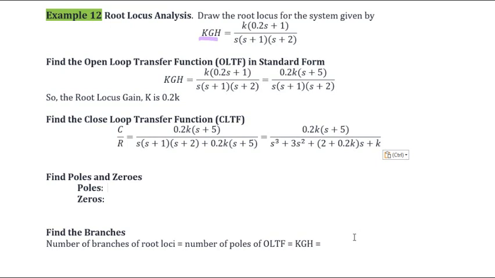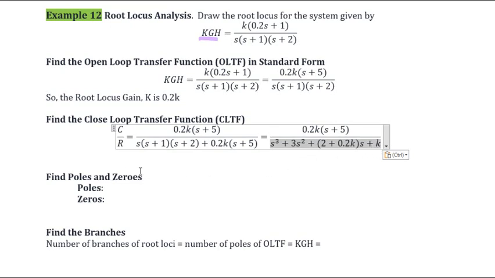Then we'll determine our poles and zeros from this. Remember, we're going to let K vary, so that they change over the range of K. This polynomial is going to take on different roots based on what K is, both in the 2 plus 0.2K as well as the plus K at the end.